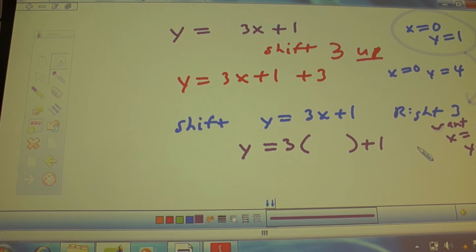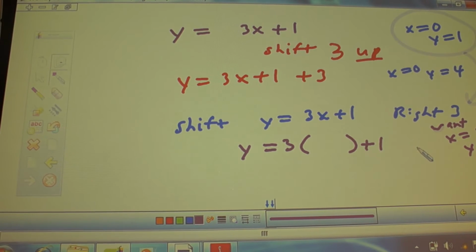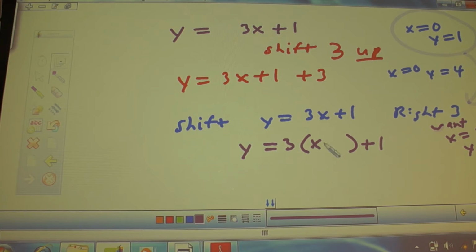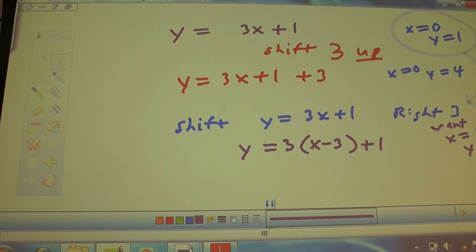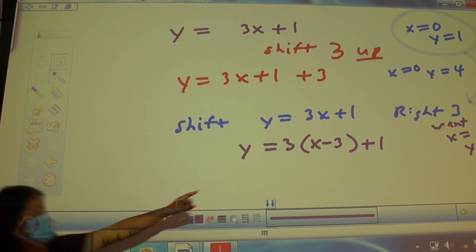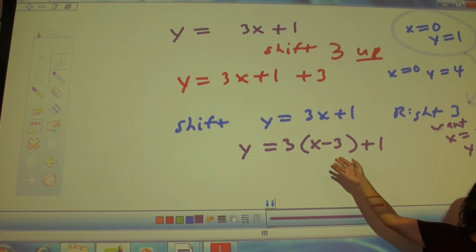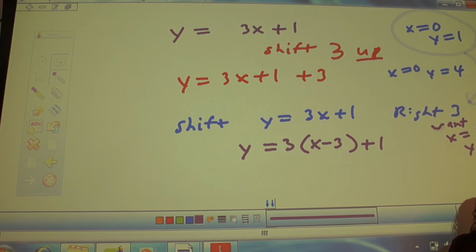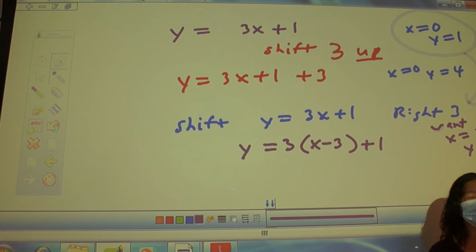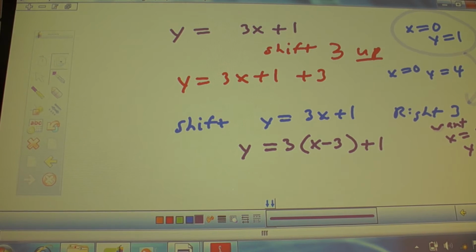So if I want to go right, I need to do the opposite, because doing the opposite makes x a little bit larger. Does that sort of make sense? It's hard to explain this one, so it's still a tough one. So you can just understand the rule. I really hate people just accepting a rule, but that might be the easiest way to do it in this case.